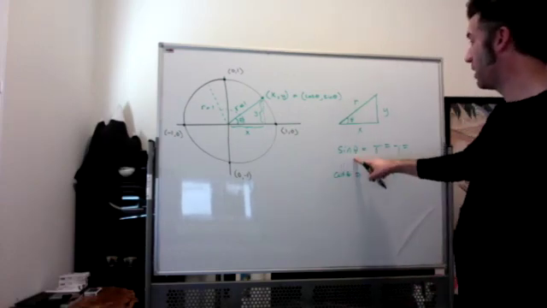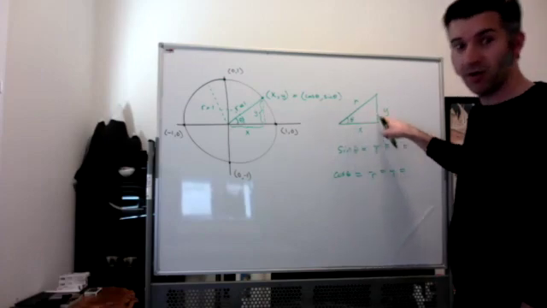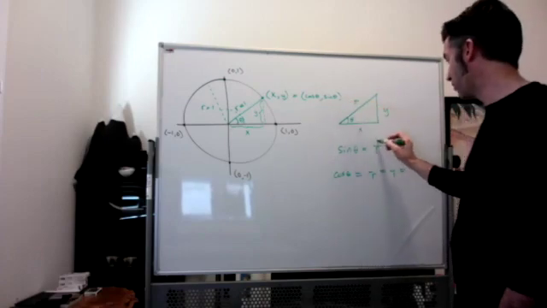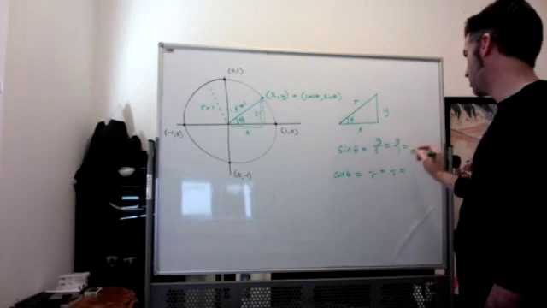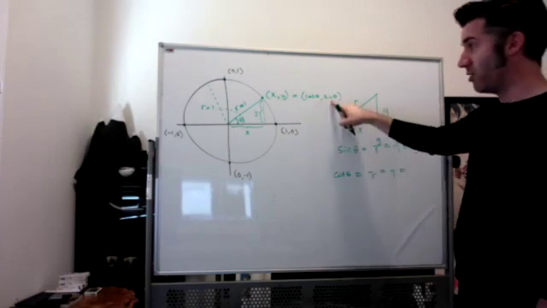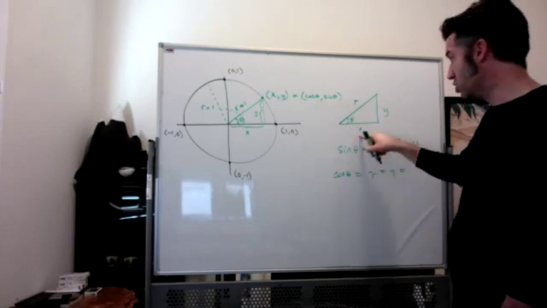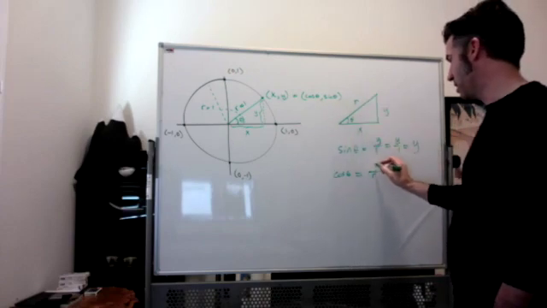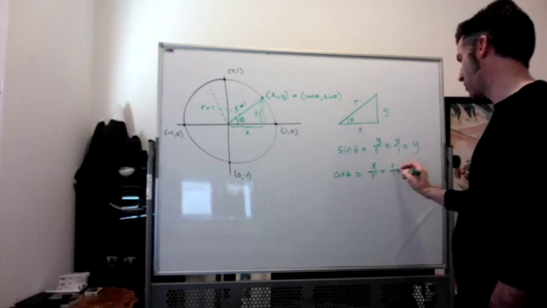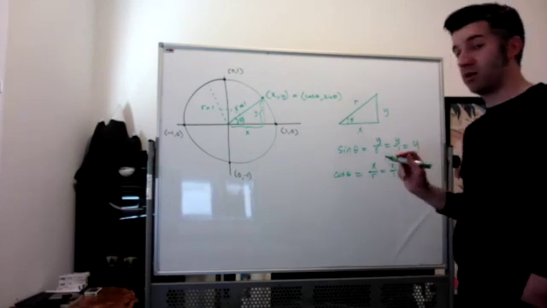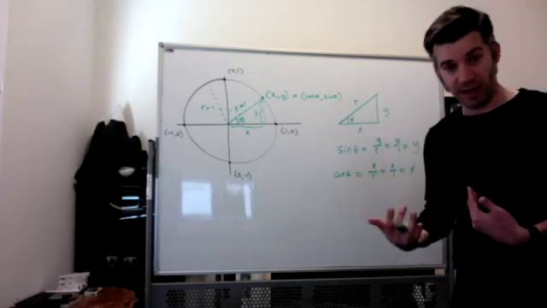So sine of theta is the opposite over hypotenuse, which is y over r, which is y over 1, which is y, which is certainly the way I wrote it here. Cosine of the angle is the adjacent over the hypotenuse, which is x over r, which is x over 1, which is just x. So let me say this the right way now.